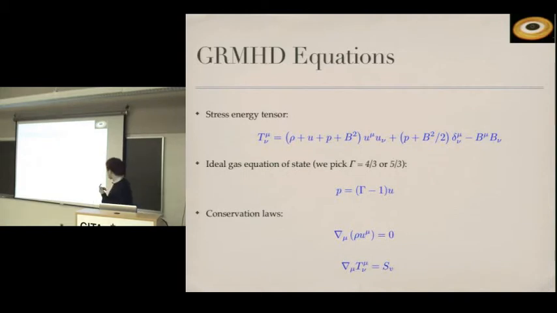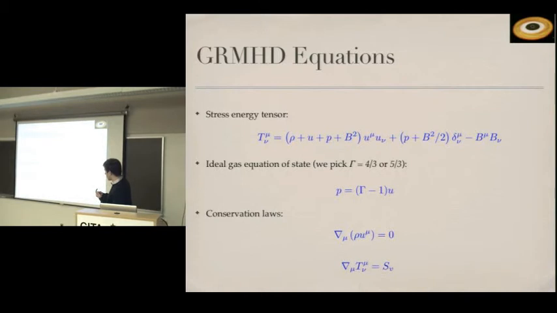Okay, and so what is the code actually doing? It's solving conservation laws. The fluid has a stress energy tensor. There's a fluid with a 4-velocity u mu, there's a magnetic field b mu, and the fluid has a rest mass density, an internal energy, and a pressure, and then the magnetic field carries internal energy and magnetic pressure.